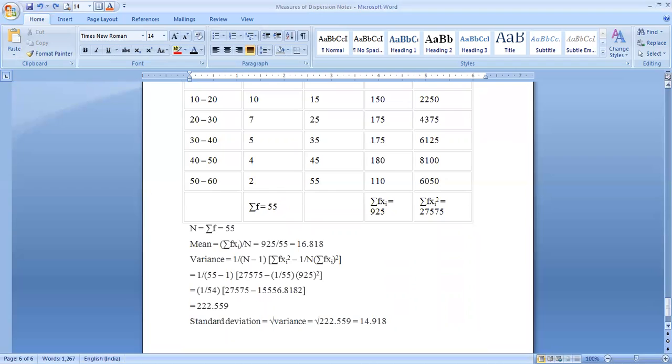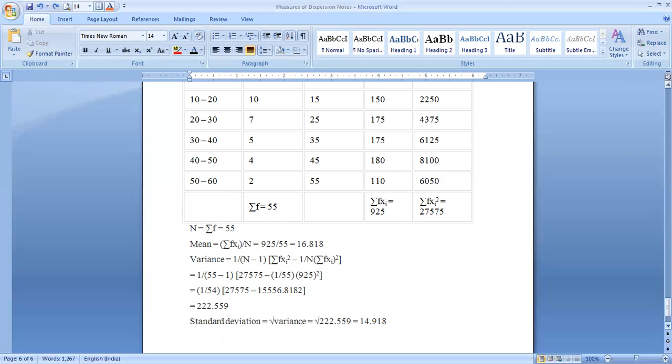The mean can be determined by the formula summation fi xi upon summation fi, or summation fi xi upon capital N. This will be equal to 925 upon 55, and after further calculation we get 16.818. So 16.818 is the mean.